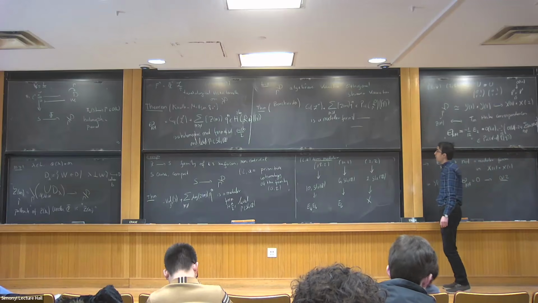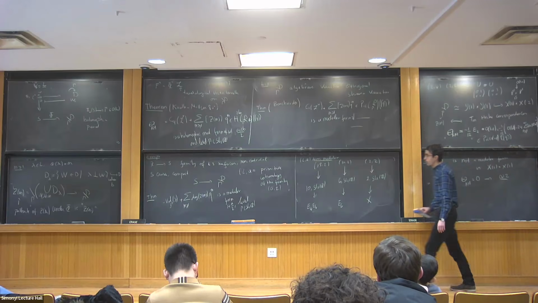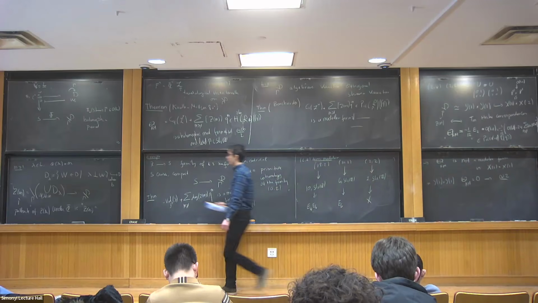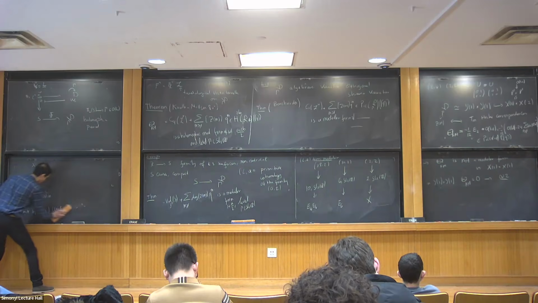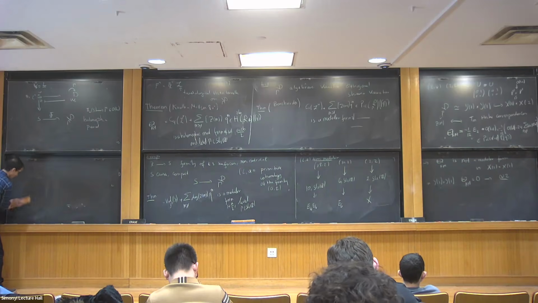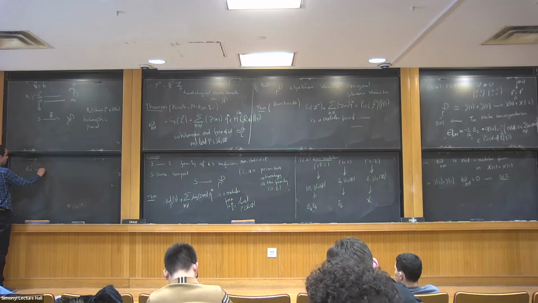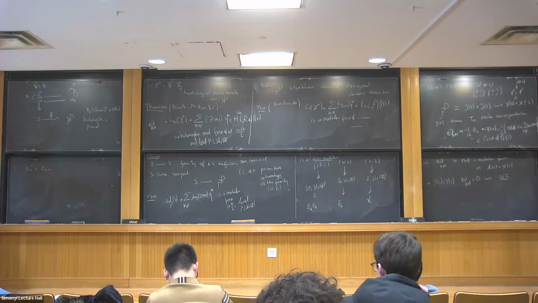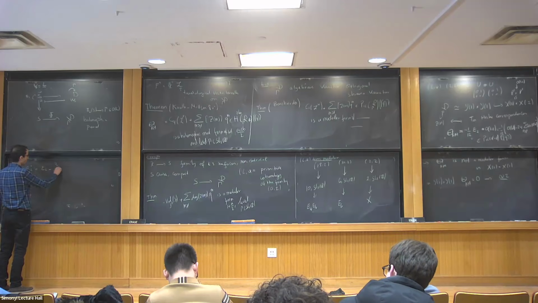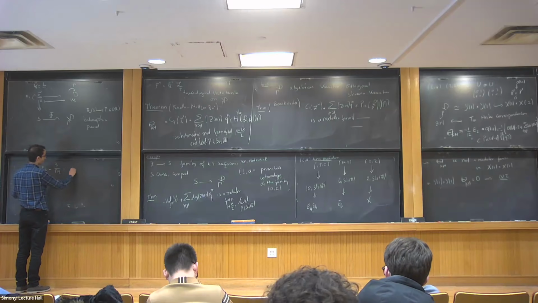So to finish this point, we know that if you define E2 star to be E2 minus 3 over 4 pi y, then this is now non-holomorphic.